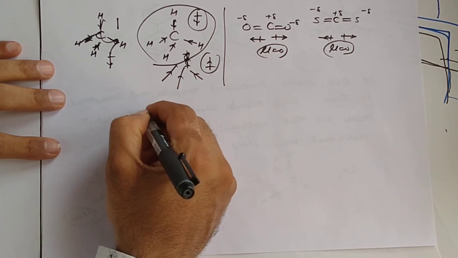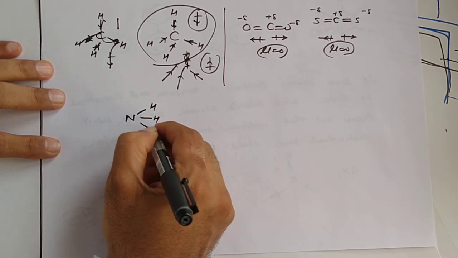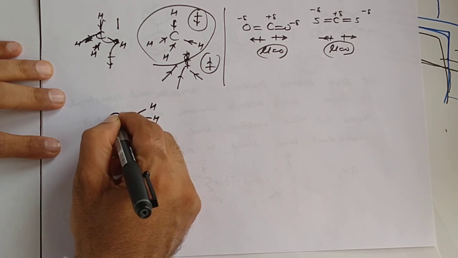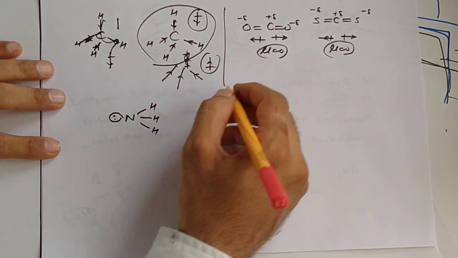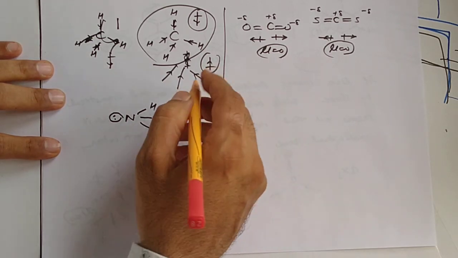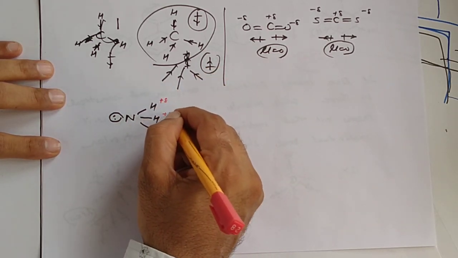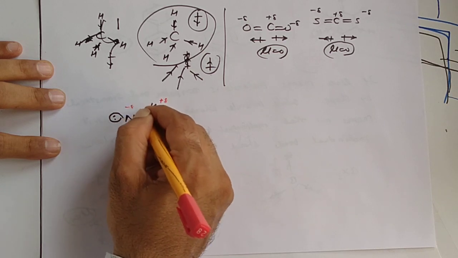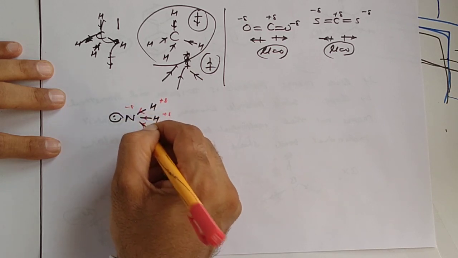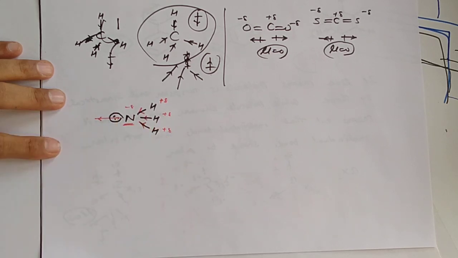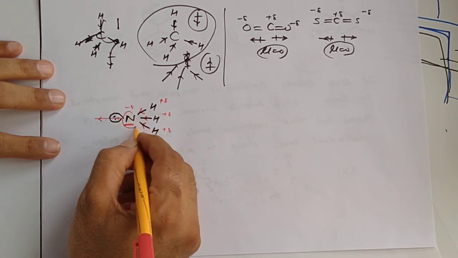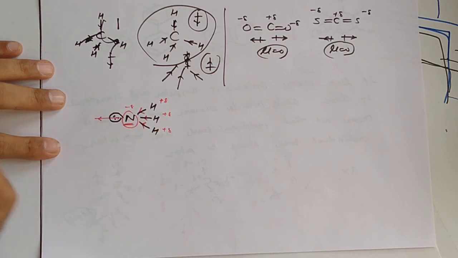Now some other example, in NH3, the arrow of the polarity should be from lower electronegativity to higher. So like this. And for a lone pair, the arrow should always be from the central atom toward the lone pair.